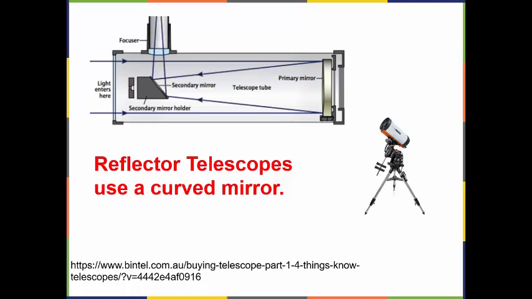They hit this curved mirror, and this is a concave mirror, and they produce a smaller inverted image. There's also a secondary mirror, and that's used to take the image and reflect it into something called an eyepiece. And the eyepiece is just a magnifying glass which enlarges the image.